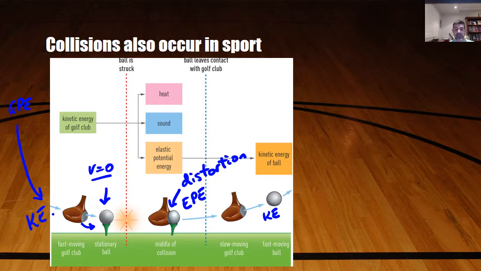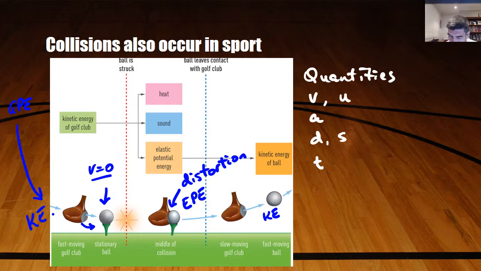So we can also describe our collisions, our motion in any sorts of sports based on those very important equations of motion. You remember the 5 quantities that are important for us to be looking at are velocity, initial and final, acceleration, distance or displacement, and time.